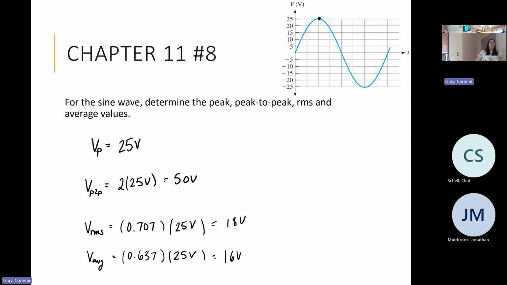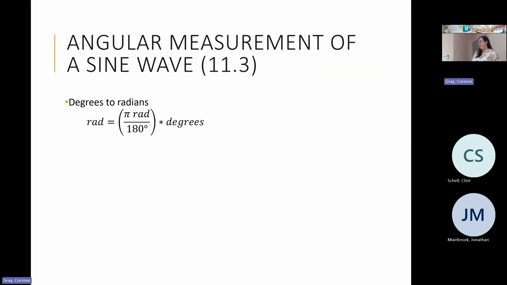So we're going to go back and start finding out how we can write out equations to explain this sine wave. Before we do that, we have to talk about the fact that we will be utilizing our information for sinusoidal AC sources in radians. I understand this is going to be very awkward.